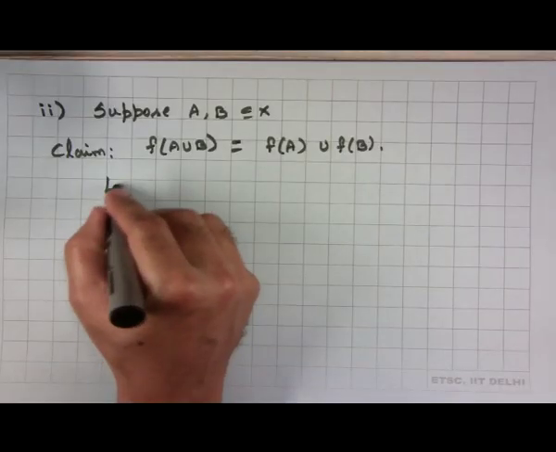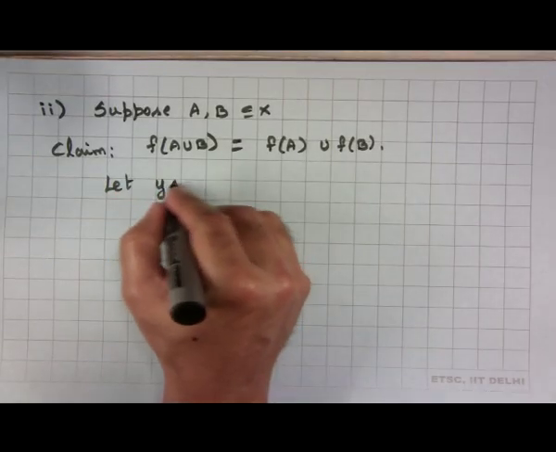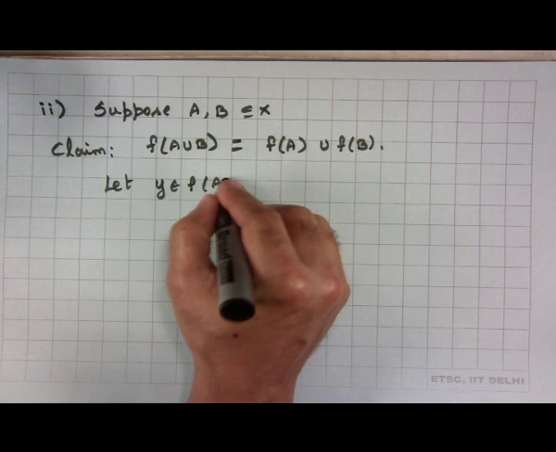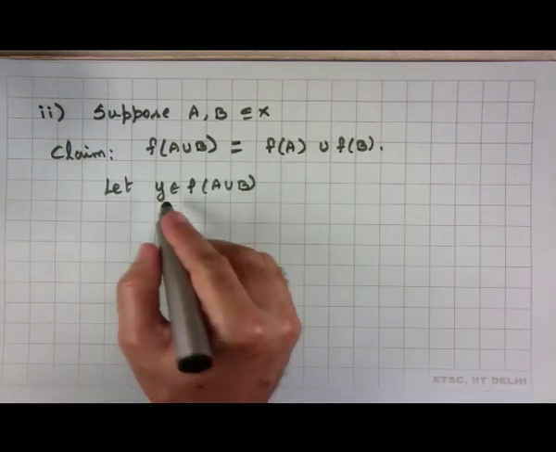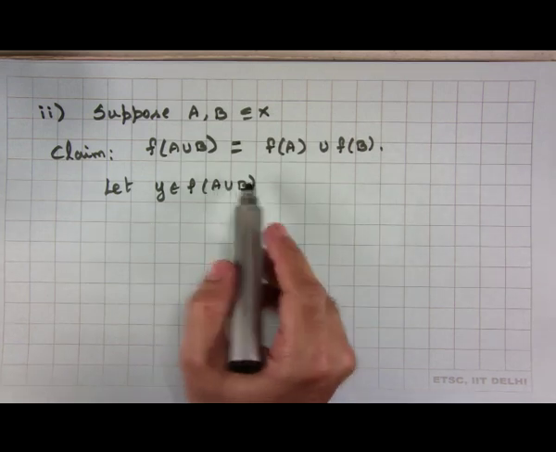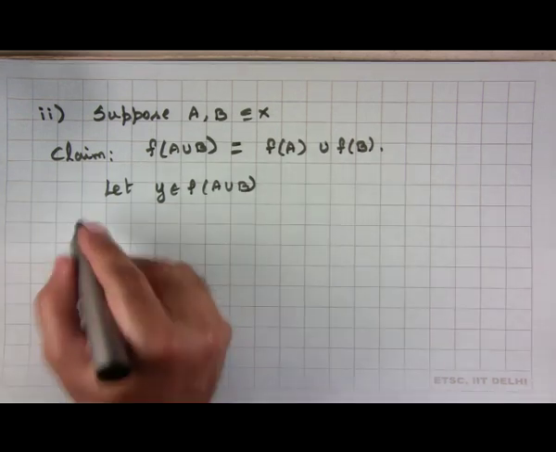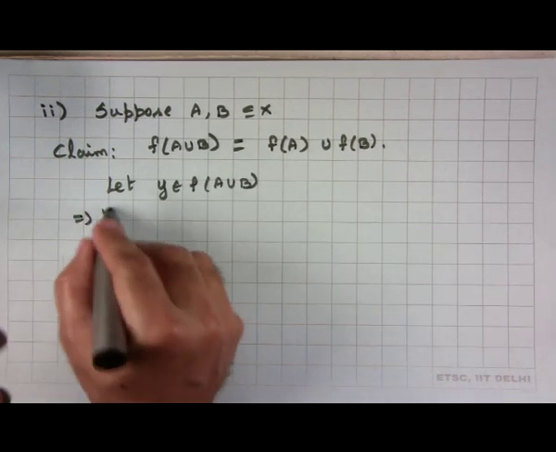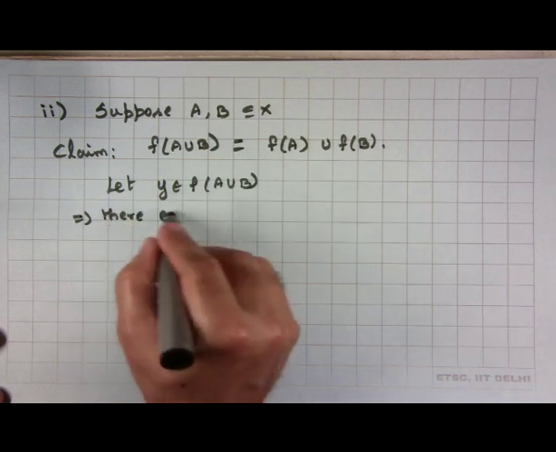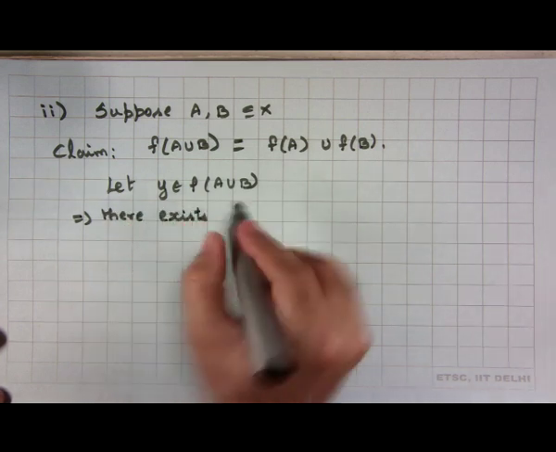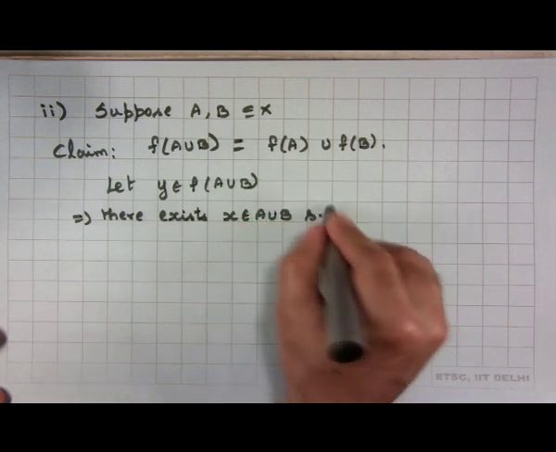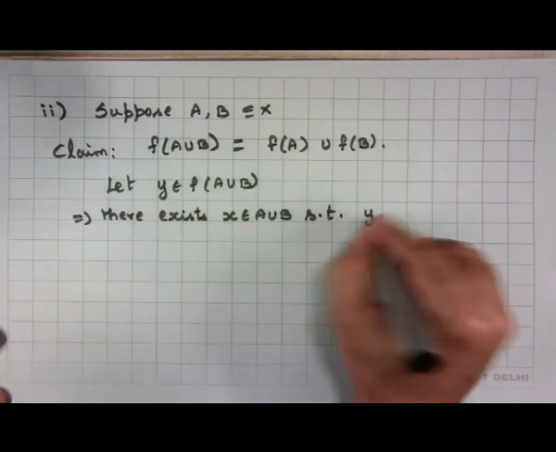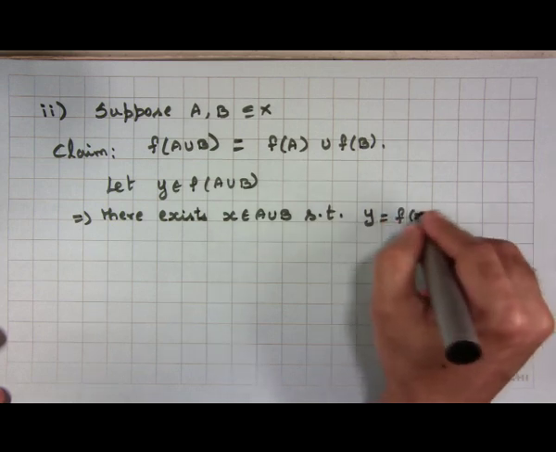So, let y belong to f of A union B. Once you know that y is in the image of A union B under the function f, this implies there exists x in A union B such that y is of the form f x.